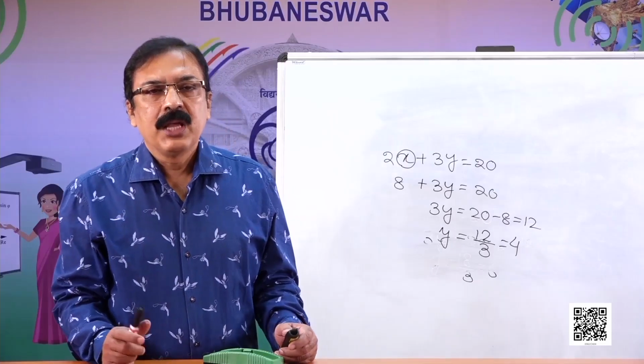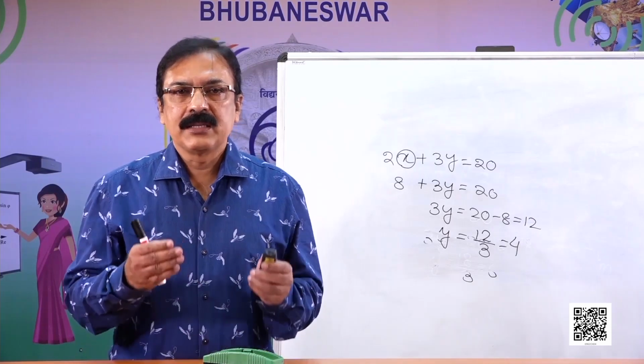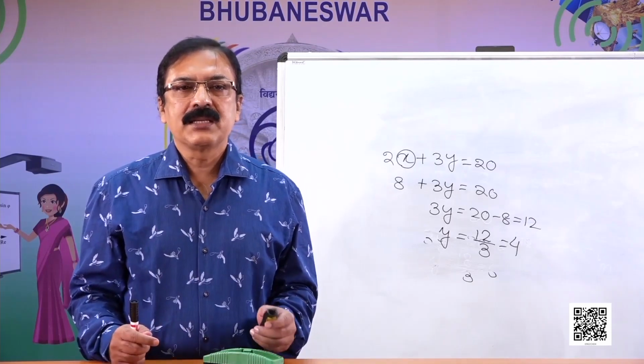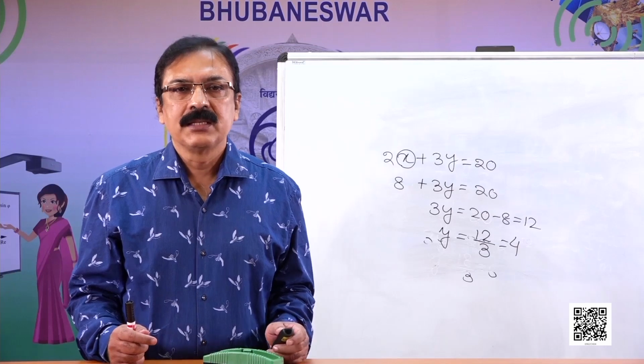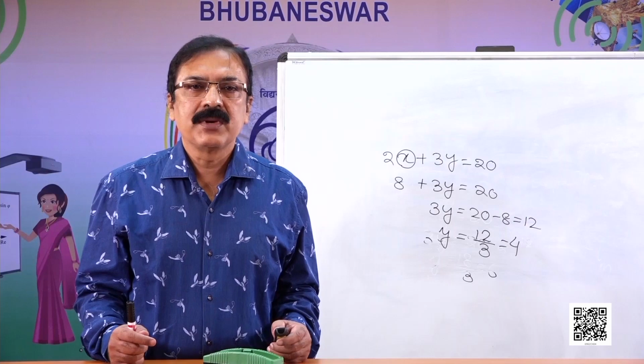Now, if we interchange the values of these variables, that is, in place of x if we put 6, will we get the value of y as 1 to satisfy this equation?